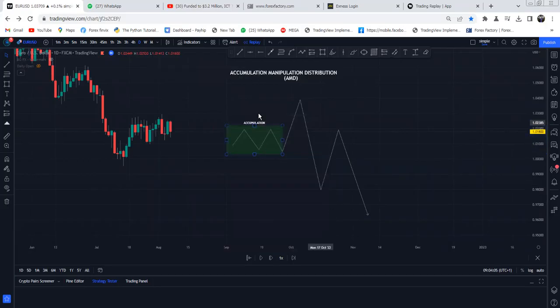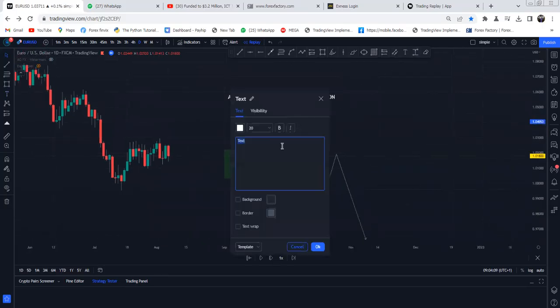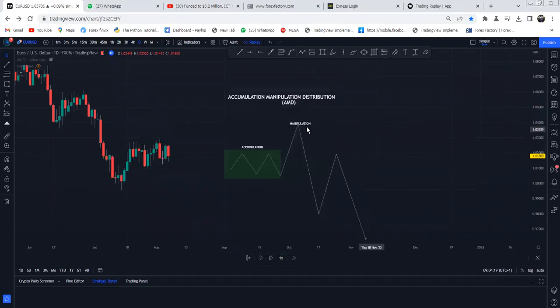That's your accumulation phase, and this is your manipulation phase. Price takes the high of the accumulation phase, that's the manipulation phase.